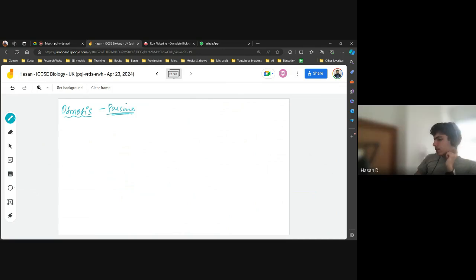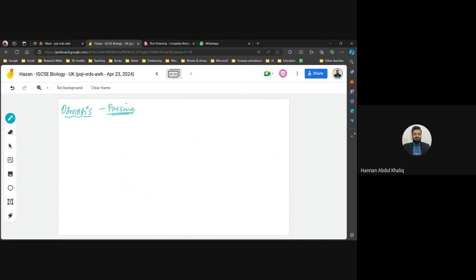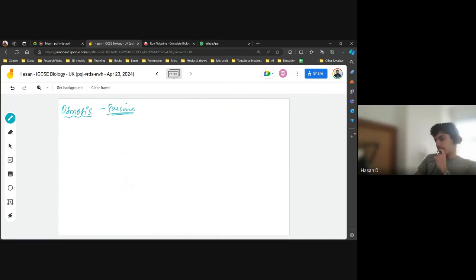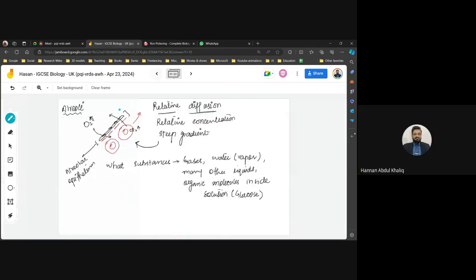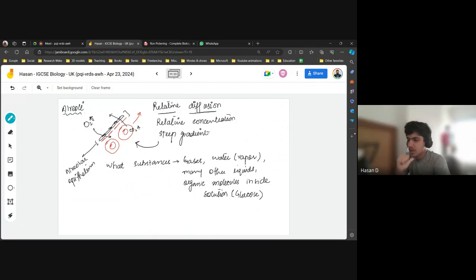Because gas particles behave in a different way. But I just said on the previous slide that water, especially in vapor form, can perform diffusion. So why would we need to separate osmosis from diffusion if it is the diffusion of water?